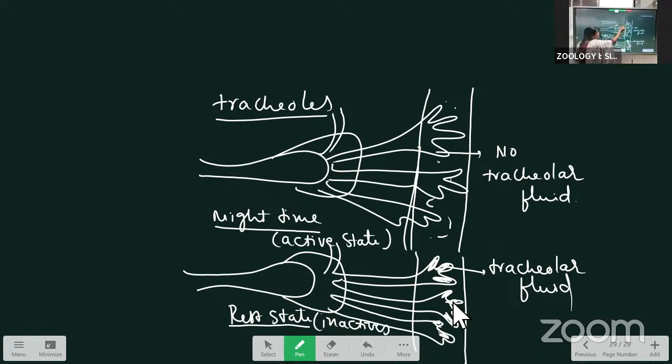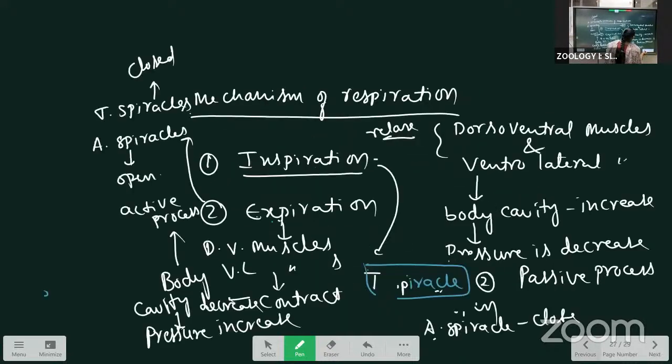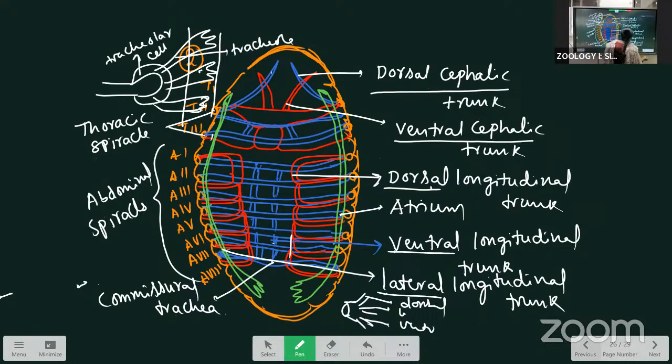In the active stage, that is absorbed by the cells. Here, this one is about the tracheolar fluid. This is a diagram. Just like this, you practice it.